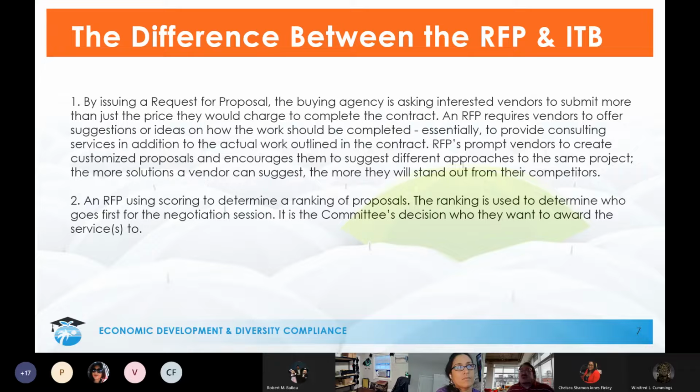So we do have a multi-award setup for this so that if a vendor is unable to have a speech therapist or an audiologist go to a school, they have the flexibility to call a different vendor to be able to fulfill that position. So again, that also leads to being part of a pool of awarded vendors rather than just having one vendor. Okay, we can go to the next slide.